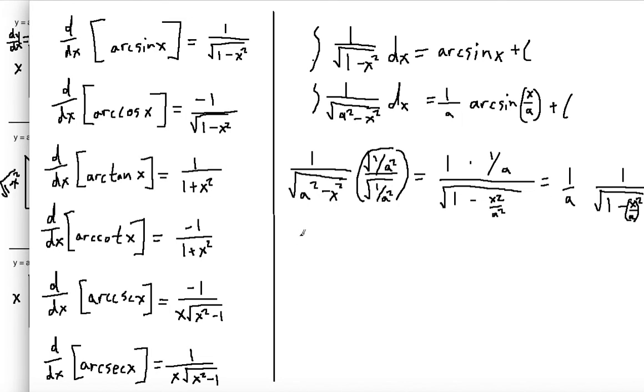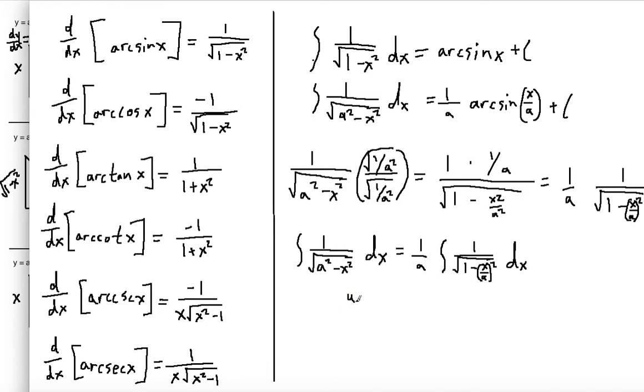So this tells me that if I want to take the integral of this form, 1 over the square root of a squared minus x squared dx, it would be the same thing as taking 1 over a times the integral of 1 over the square root of 1 minus x over a squared dx.